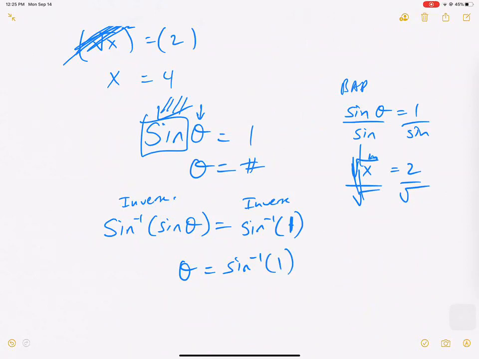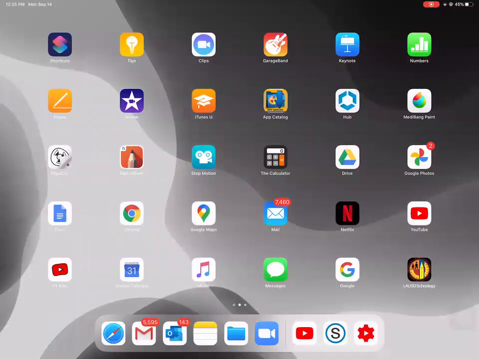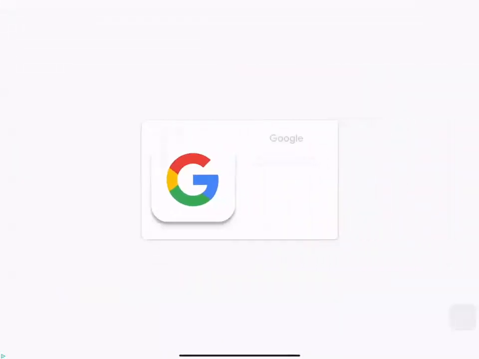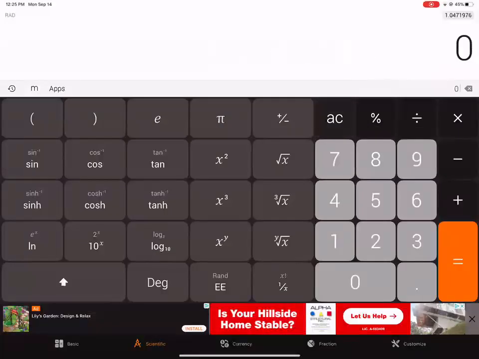Now, if you have a scientific calculator, let's take a look at this on a scientific calculator. Here's what you're going to do. On my cheap scientific calculator that you probably have used before, you always type the number first.